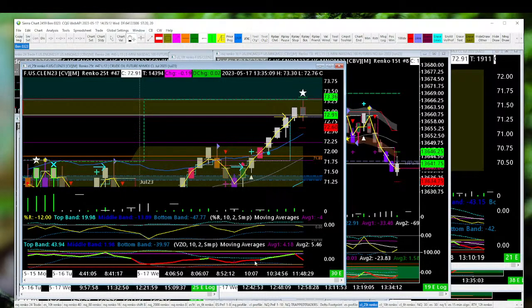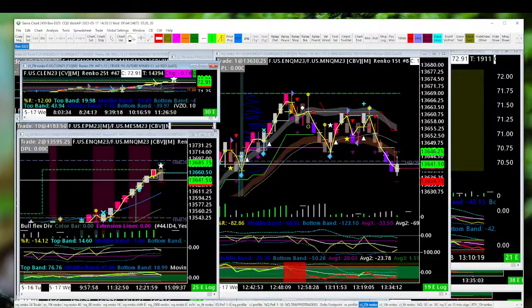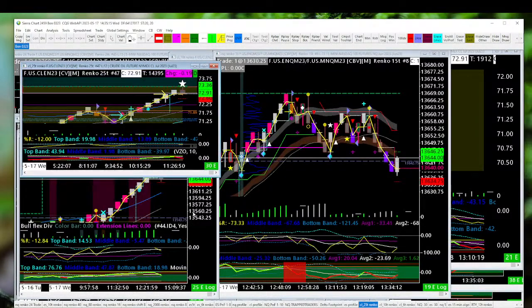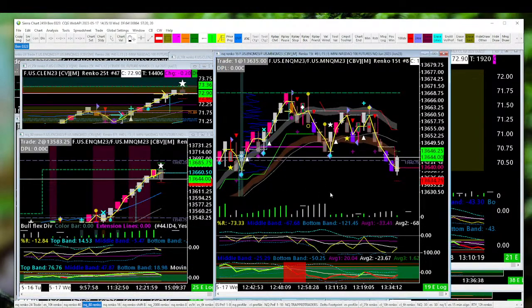So no divergence there. It may not be ready yet. But there is divergence here. So if we can get a triangle up, we can try to come back up to the high. It's a scalp, but it's going in the direction of the trend, so it often works.